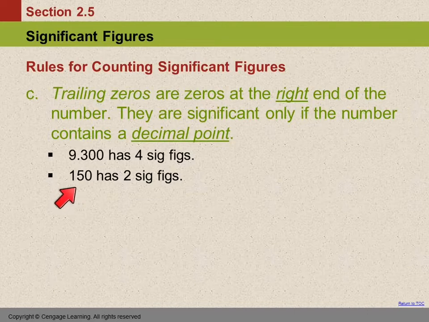So we're going to assume the least amount of precision, because that will cause the fewest problems overall. There's no decimal point, so we assume that the uncertainty is in the 5, and that 150 means it was measured between 140 and 160. There was estimation in the tens place.